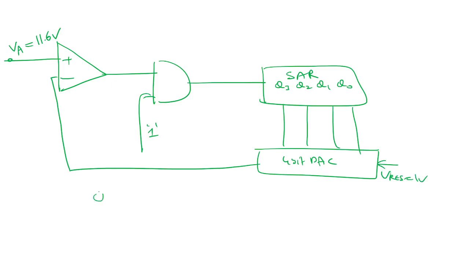So find out the series of states that SAR traverses before it gets stabilized. For any conversion, the starting state is 1000. Then you have to figure out what is the next state.